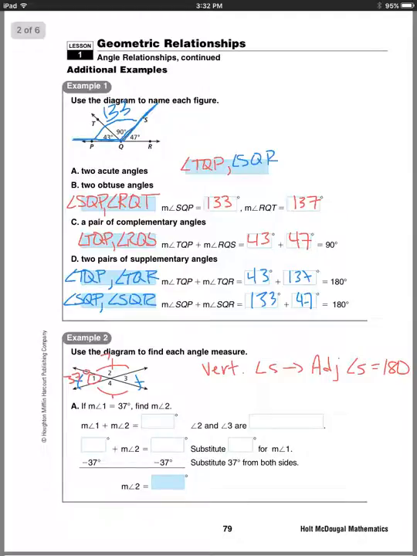Now those are adjacent angles because they share a side. And we just said that adjacent angles, when we have vertical angles, are measured to be 180 degrees because they fall in a straight line. So we have the measure of angle 1 plus the measure of angle 2. They have to equal 180 degrees. Okay?